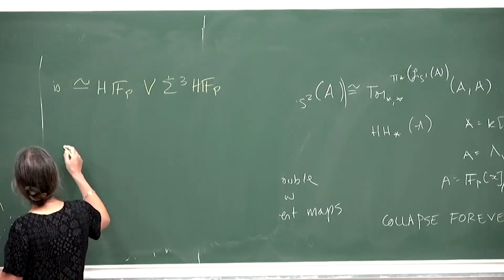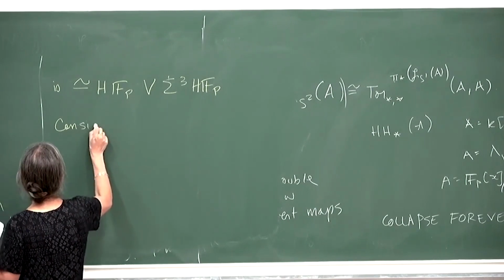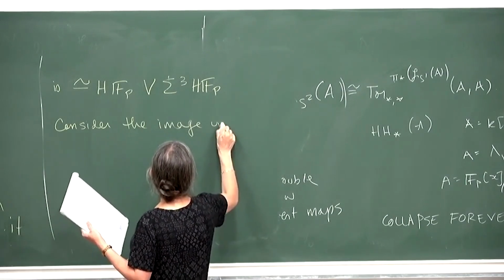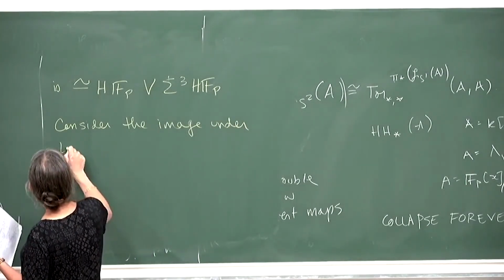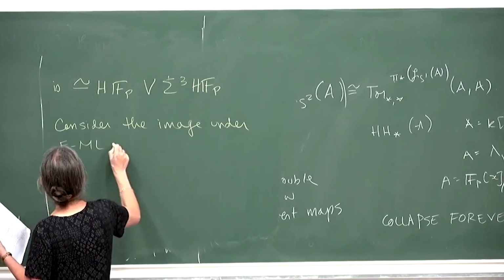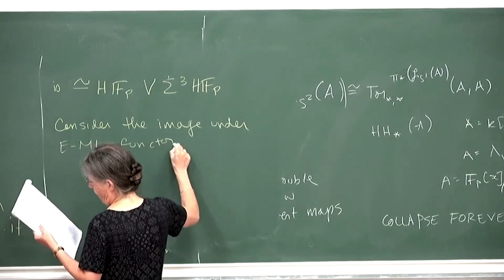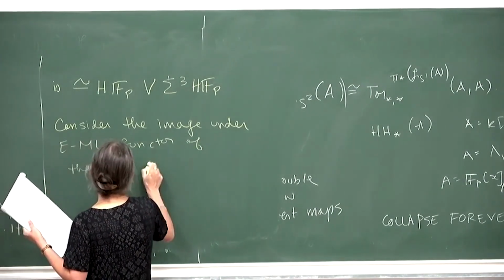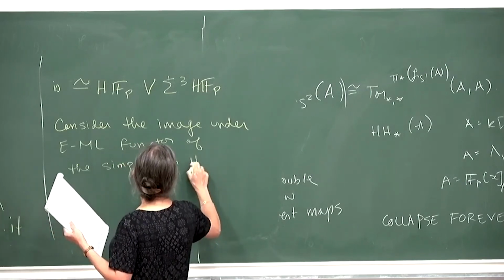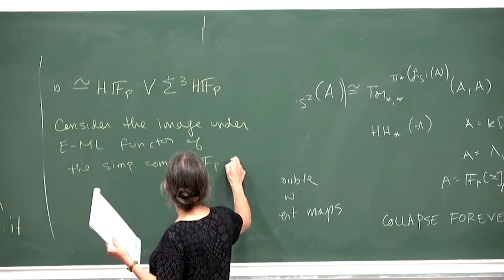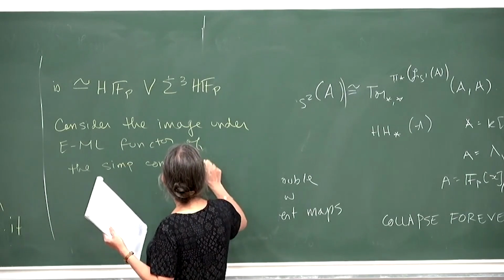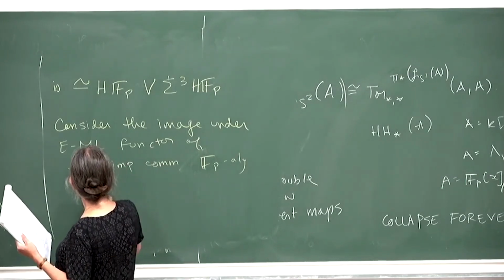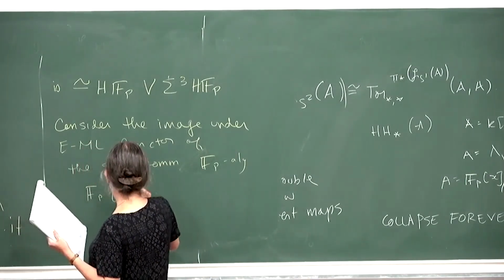And then we can consider the image under the Eilenberg-MacLane functor of the simplicial commutative FP algebra that just takes the free FP thing over delta 3 modulo its boundary.